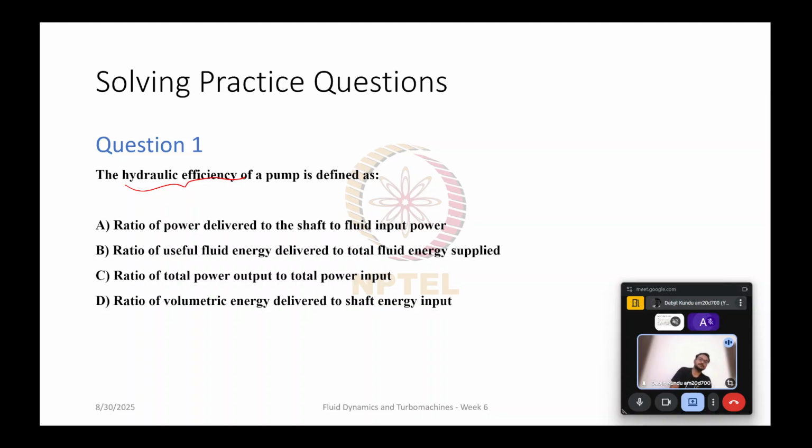So coming back to question number 1, it's asking us that the hydraulic efficiency of a pump is defined as what? Is it option A, the ratio of power delivered to the shaft to the fluid input power? Is it option B, the ratio of useful fluid energy delivered to the total fluid energy supplied? Is it option C, the ratio of total power output to the total power input? Is it option D, the ratio of the volumetric energy delivered to the shaft energy input in any given pump?